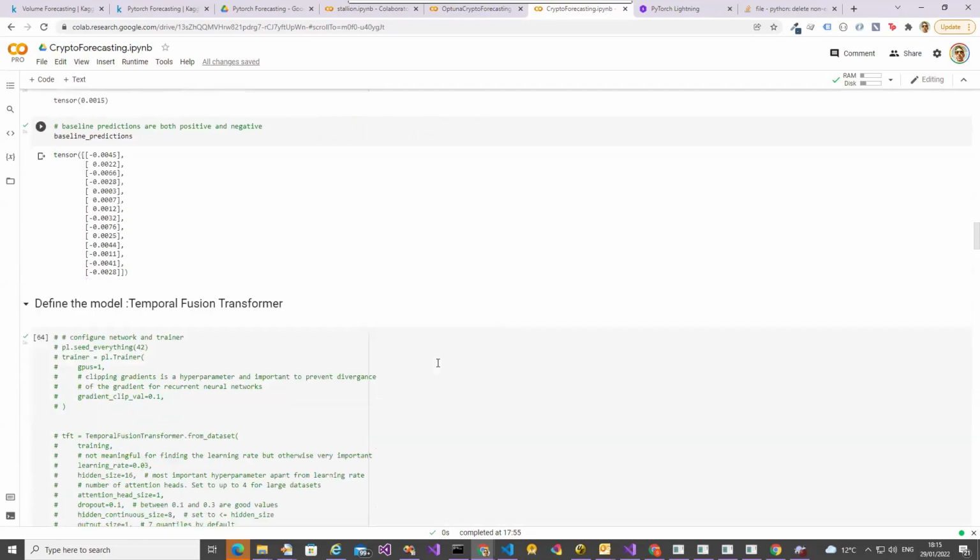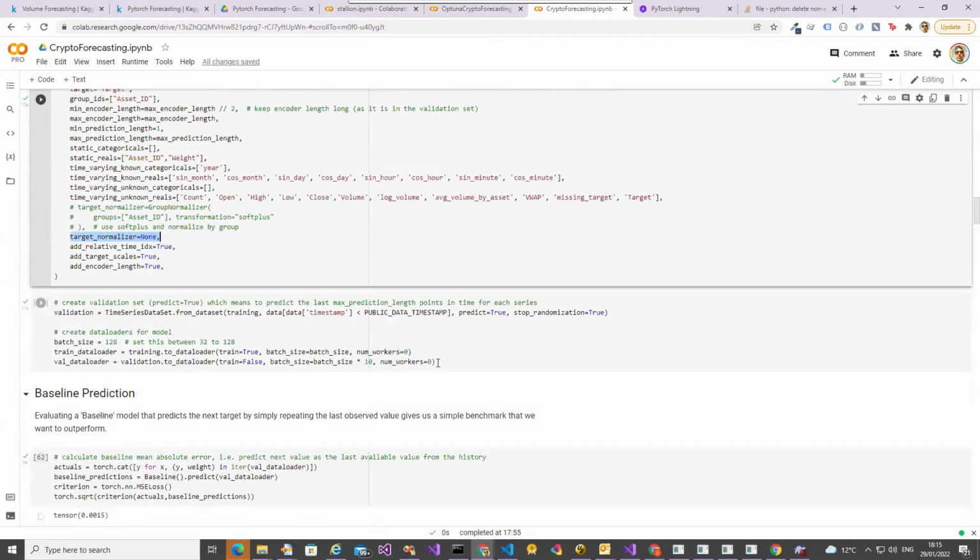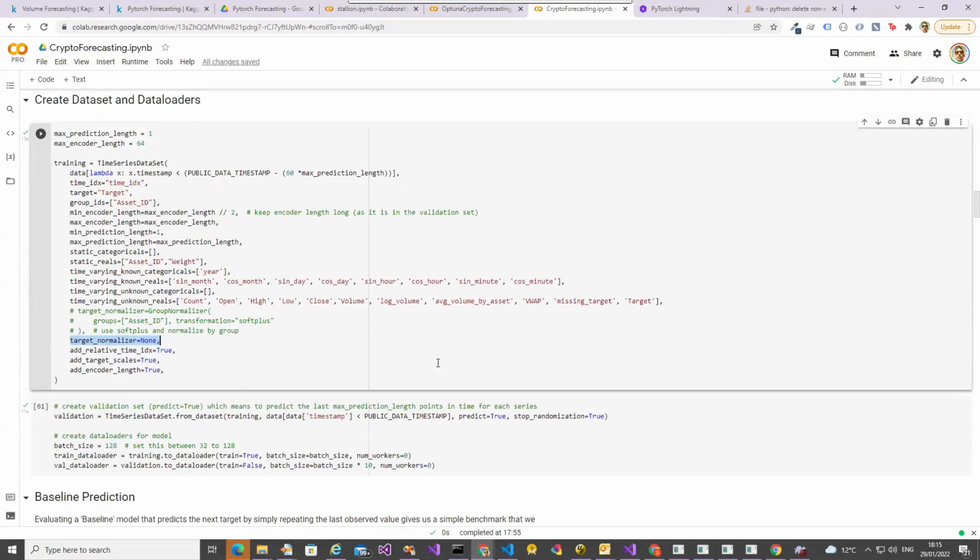I see. But one thing, if you go back there, even if you don't use the softplus, it makes sense, at least as I thought about it, to use the target normalizer as the group normalizer, where the group is the asset ID. That normalizes the target depending on the asset, which is something you had mentioned previously too, right?